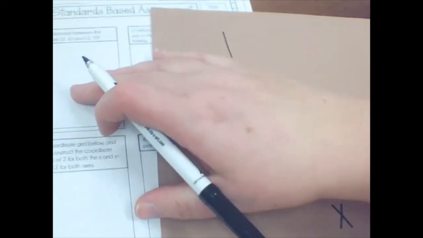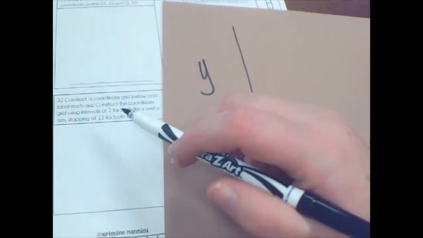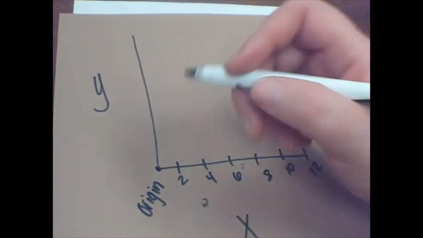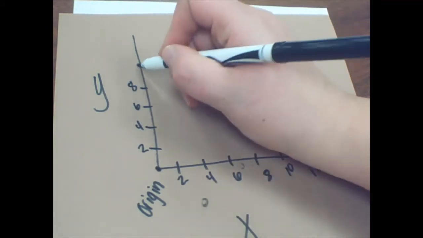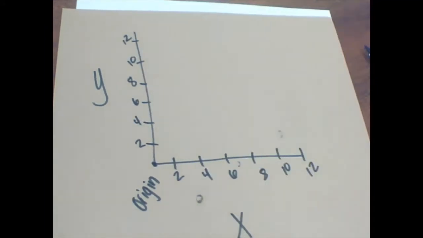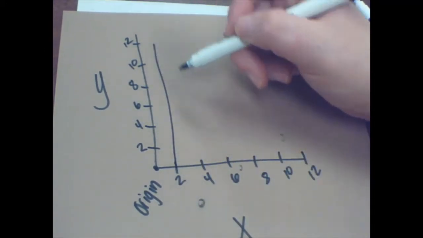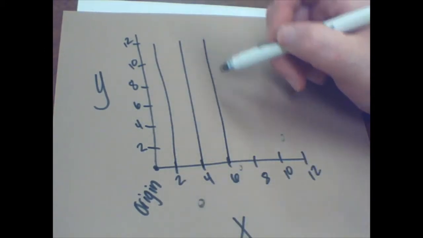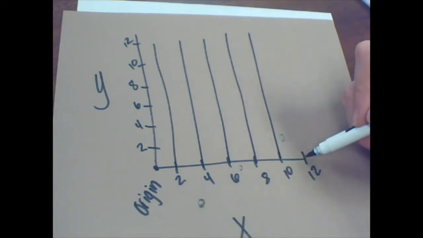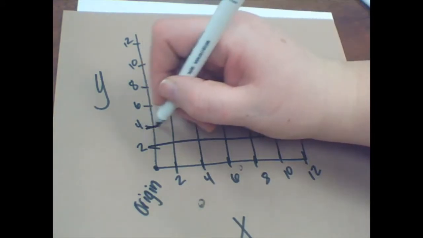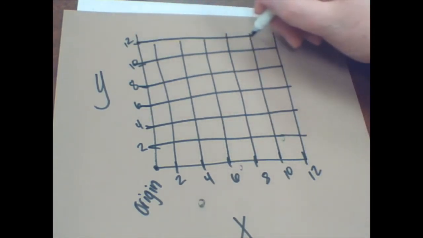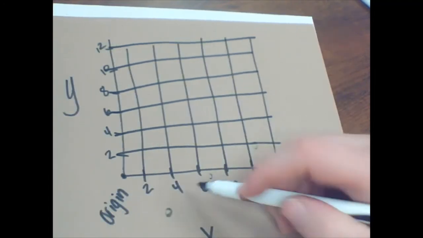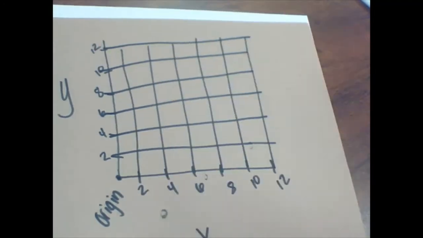Because remember, it said intervals of 2 stopping at 12 for both the X and the Y. Now I'm going to do the same thing. 2, 4, 6, 8, 10, 12. All right, so I jumped in intervals of 2 and I stopped at 12.